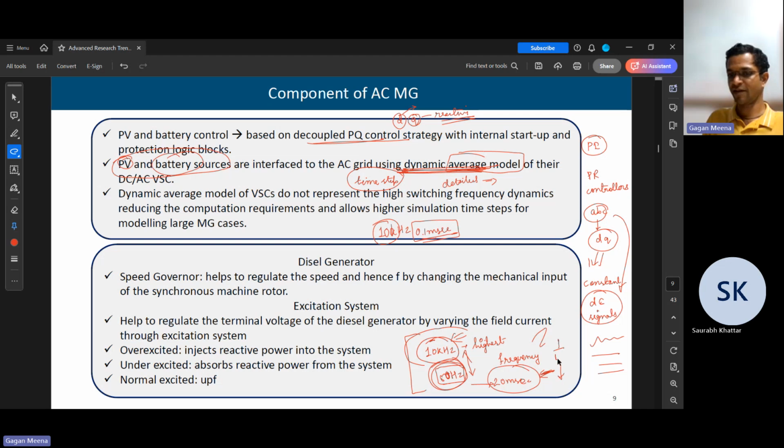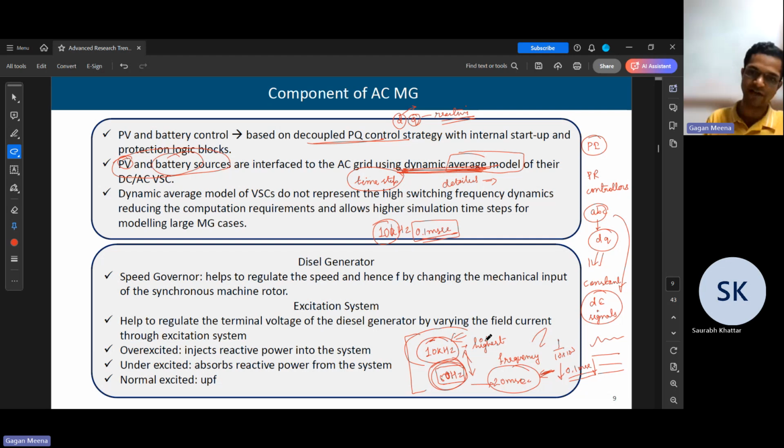It will be 1 by 10 kilohertz, so it will be 0.1 milliseconds. Now we need to reduce the time step. And the higher the frequency component we want to observe, the more we need to reduce the time step.